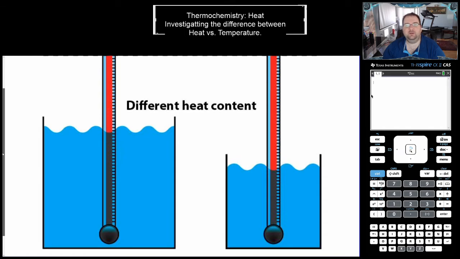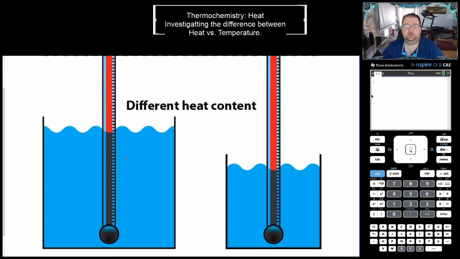And I want you to think about this for a second. If we started off with the beakers of water at 1 degree Celsius, let's say just above freezing point, so very cold, you have them in the fridge. If they both started off at 1 degree Celsius, and this was 100 milliliters of water, and this was 200 milliliters of water, and you wanted to heat them up to room temperature, 21 degrees, you would put them on a conduction surface, right?